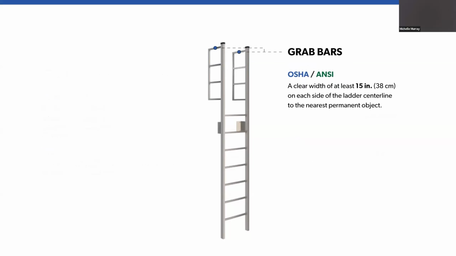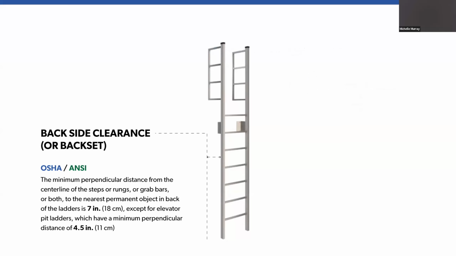For grab bars, OSHA and ANSI require a clear width of at least 15 inches. For backside clearance, or back set, OSHA and ANSI require 7 inches, except for elevator pit ladders, which is a minimum of 4.5 inches.